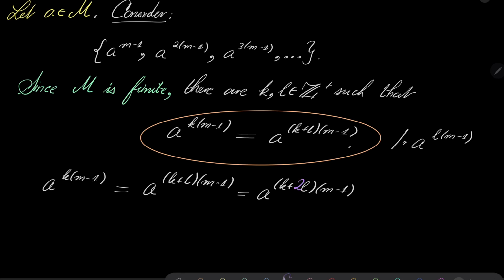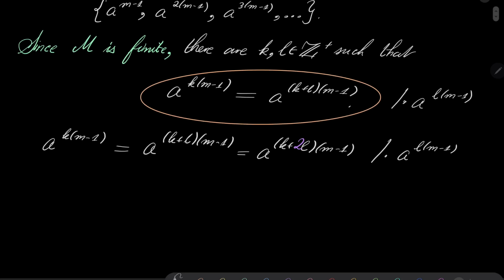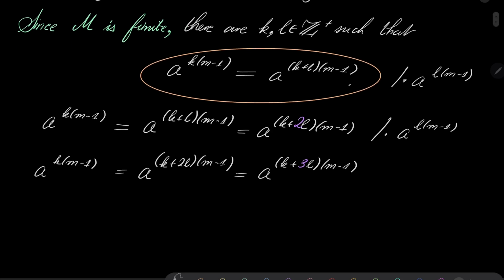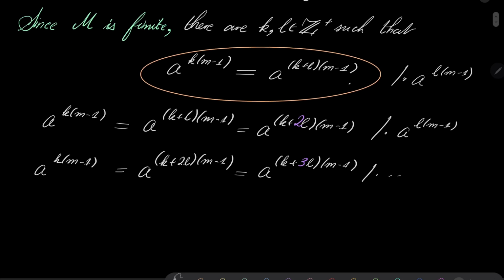So in essence, I was able to produce 2 right here. Well, what happens if I multiply once again by this? I have a to the power k plus 2l m minus 1 equals a to the power k plus 3 times l m minus 1. But notice again, we have demonstrated that this equals a to the power k m minus 1. And so on. You probably guess what's happening.